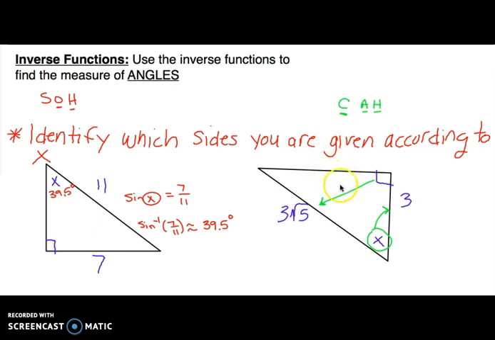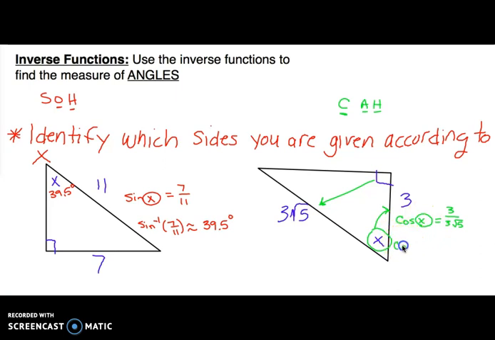So when I set this up, I'm going to do cosine X, which is my angle again, equals, and we know that cosine equals adjacent over hypotenuse. So my adjacent side was 3 over my hypotenuse, which is 3 square root of 5. And then since I'm searching for an angle in your calculator, you're going to want to type in inverse cosine.